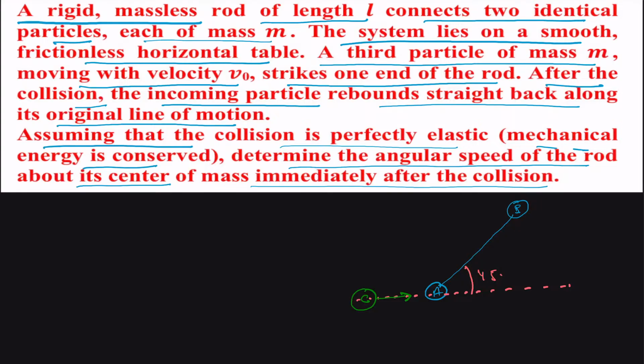That is required to find out. Let us suppose the center of mass is somewhere here, and it is going to rotate in this direction. It is given that there is no friction anywhere. So in this case we have three particles, each of mass m.